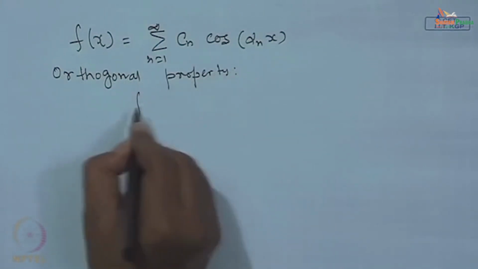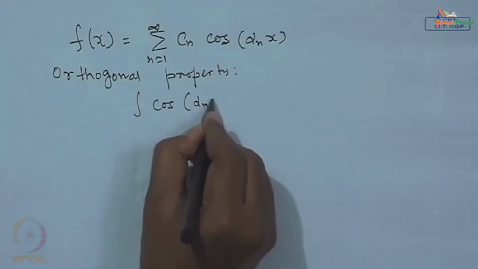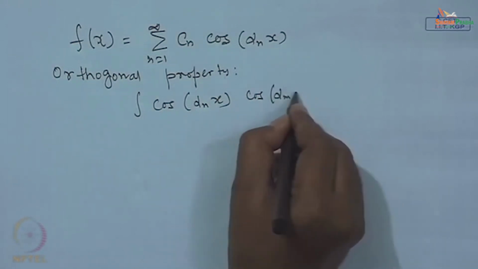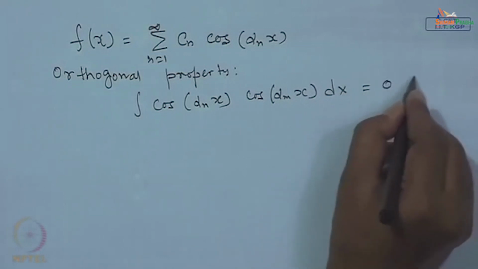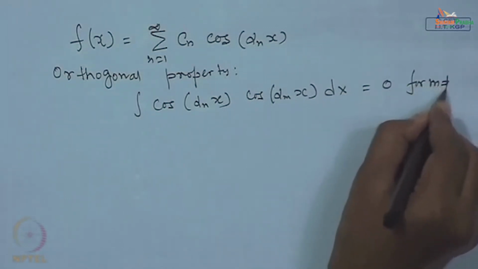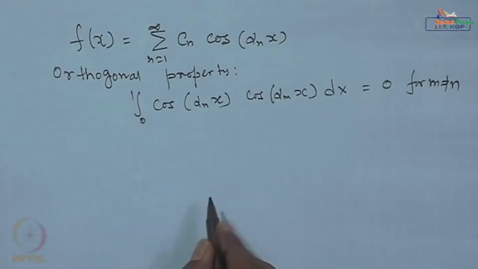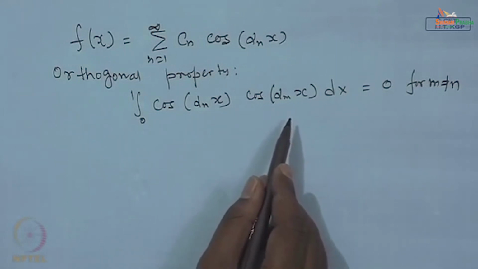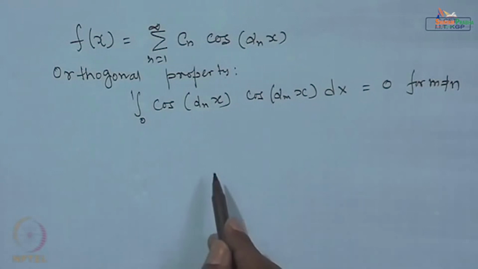These are integration of cosine alpha n x, cosine alpha m x dx is equal to 0 for m not equal to n, where alpha n and alpha m are two distinct eigenvalues.